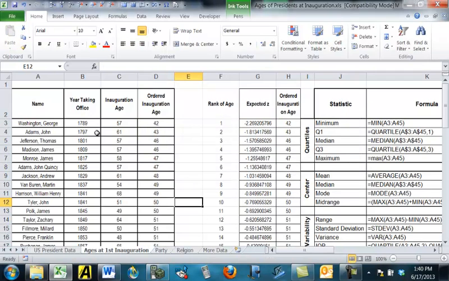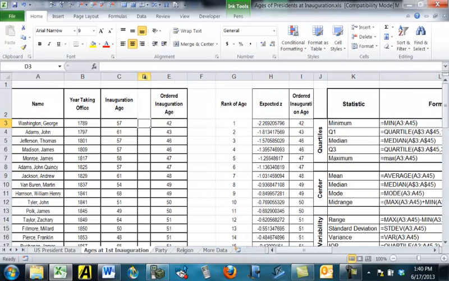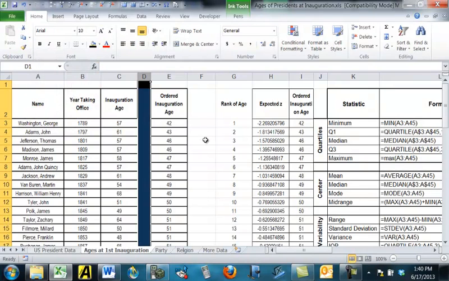Now these no longer line up with the names over here. Okay, and so the rank, so here's their ages here in order again. Whoops.